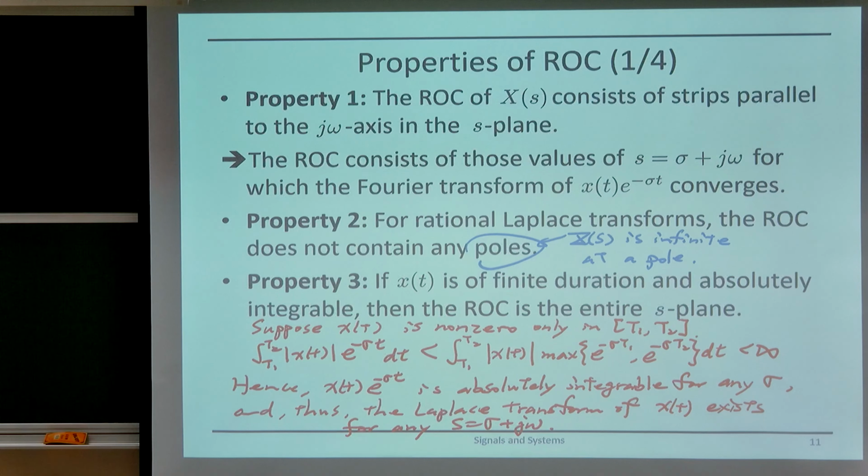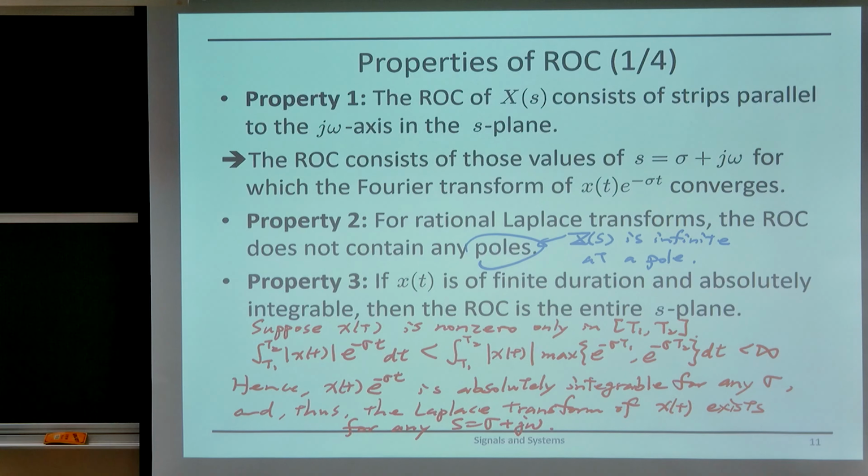So first of all, we know that the region of convergence must consist of strips parallel to the j omega axis in the S-plane. And this is mainly because whether or not the transform converges at a point S depends mainly on the real part and not on the imaginary part, okay?